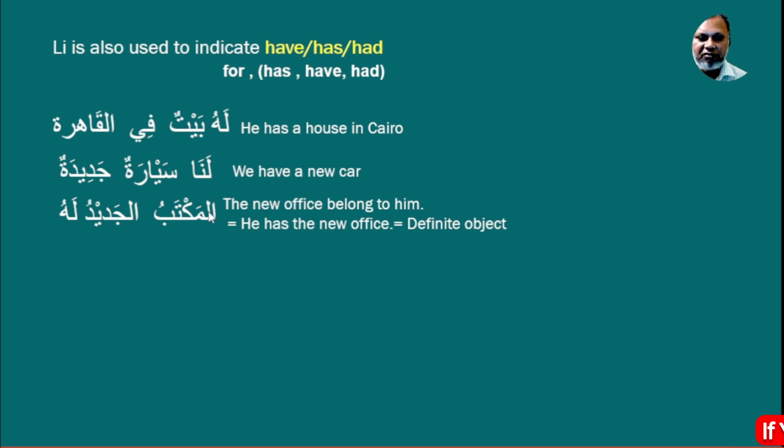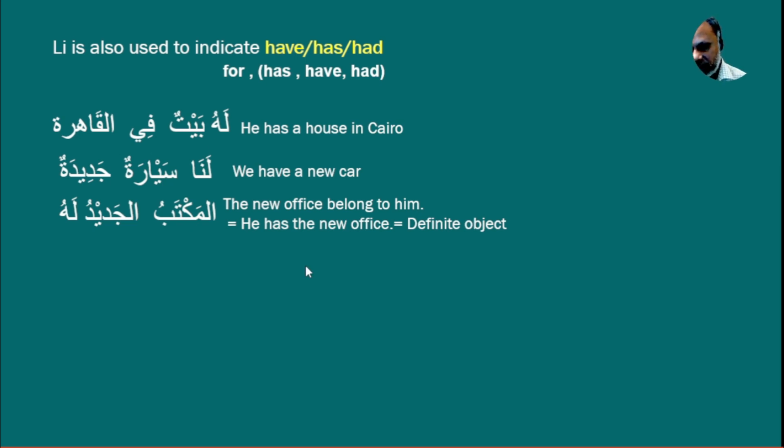Al-maktabu, here is the definite article al. If the object is definite, the new office, here the office has the definite article. In that case, the lahu, la with a pronoun, will come next. The object will come first. Al-maktabu al-jadidu lahu. He has the new office. This is the rule.